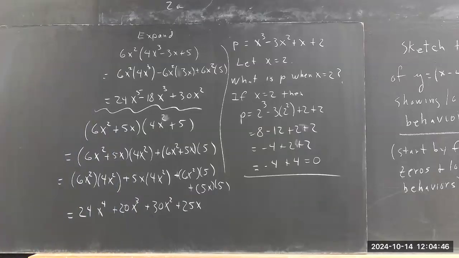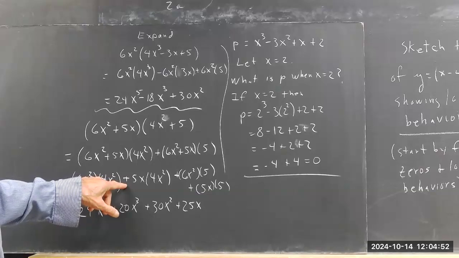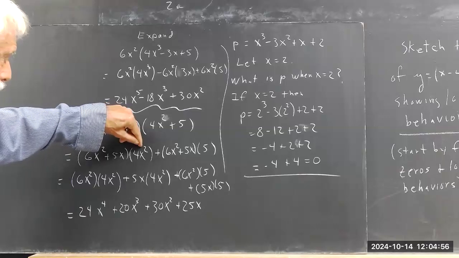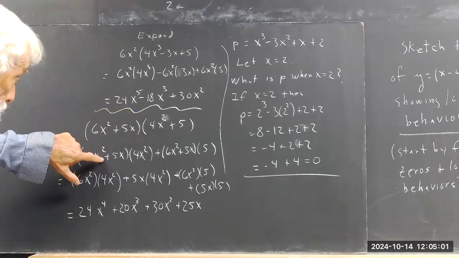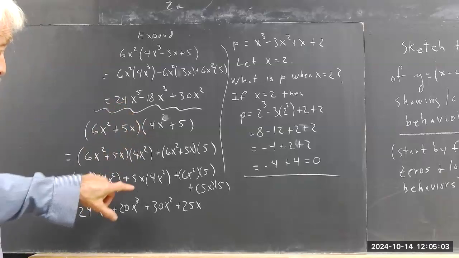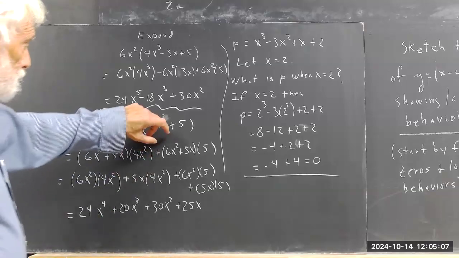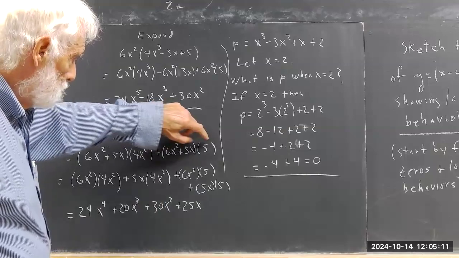Now, there are a couple little glitches. It's easy to forget to put the plus here. Okay. So if you say, okay, 6x squared plus 5x times 4x squared is 6x squared times 4x squared plus 5x times 4x squared. There it is. And 6x squared plus 5x multiplied by 5 is 6x squared times 5.